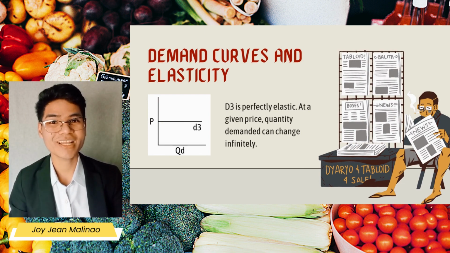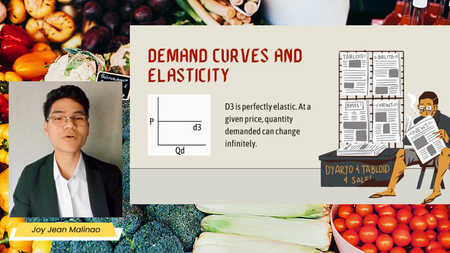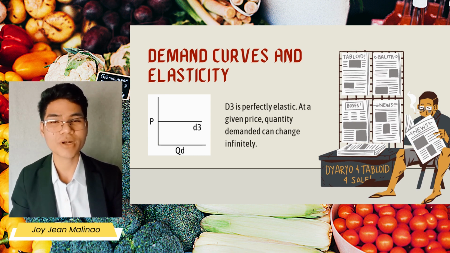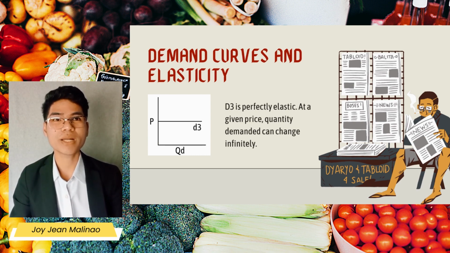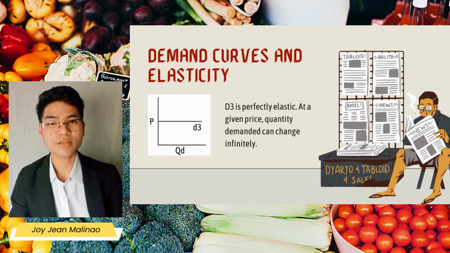D3 is perfectly elastic. At a given price, quantity demanded can change infinitely. Infinitely means there's no end, there's no conclusion, endless. So we're going to focus the best example on the first graph, which is banana Q. We have banana Q price 10 pesos, and that is perfectly elastic. And it's said that infinitely means our quantity demanded may either increase or decrease.